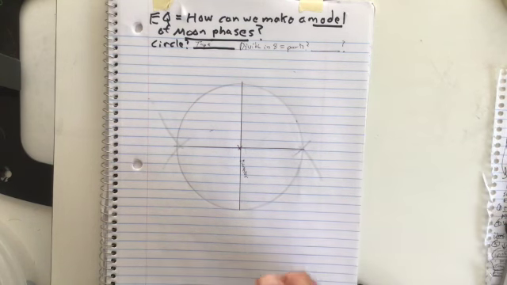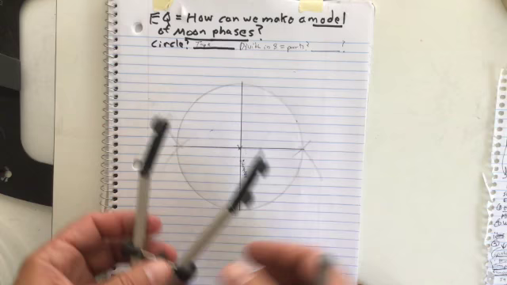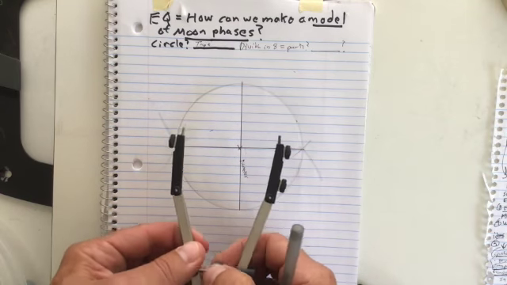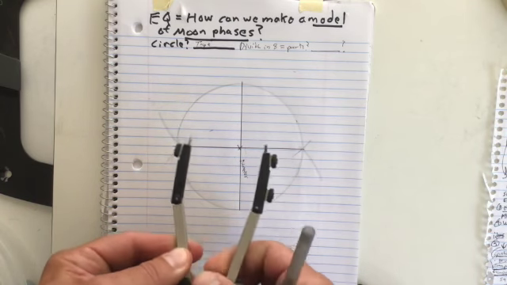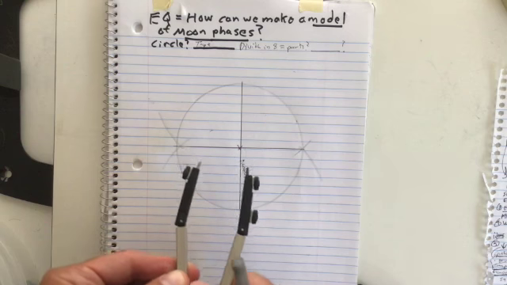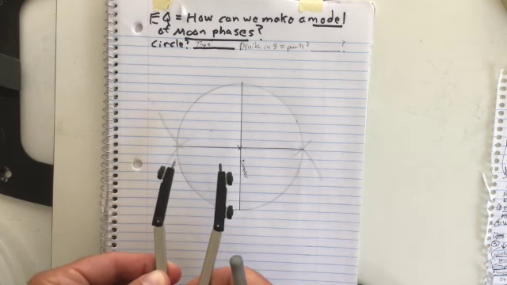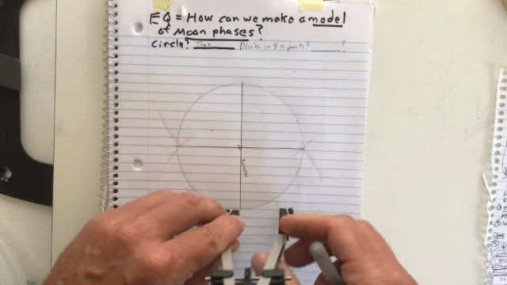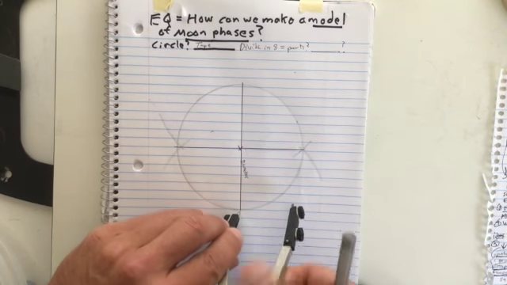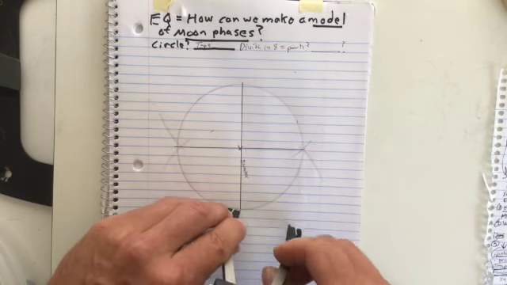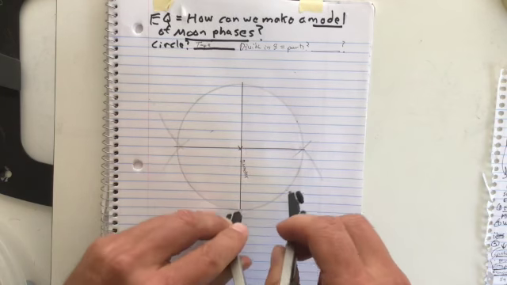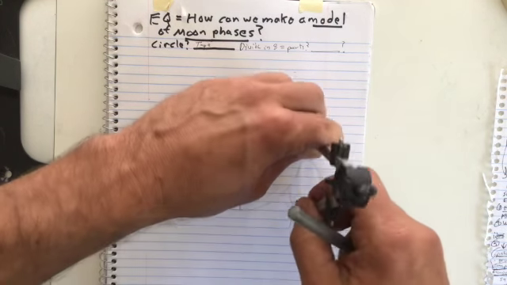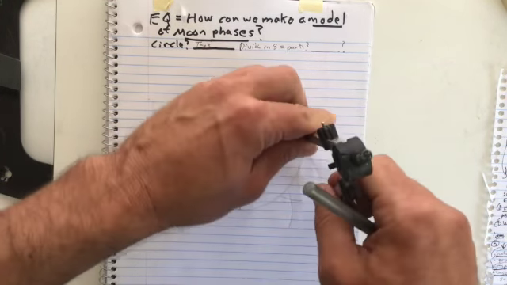Next step, we're going to go to 8 parts. You're going to take your compass again and make it a little smaller than what we had before. Then put the compass in here, and I'm going to make it a little larger. You're going to make an arc like this, and come over here and make an arc here.